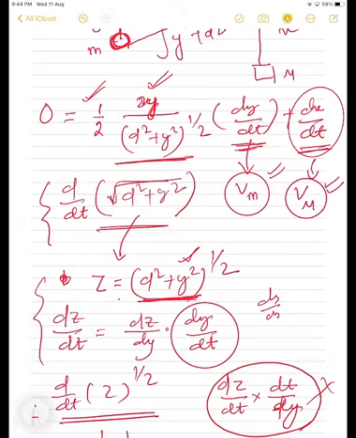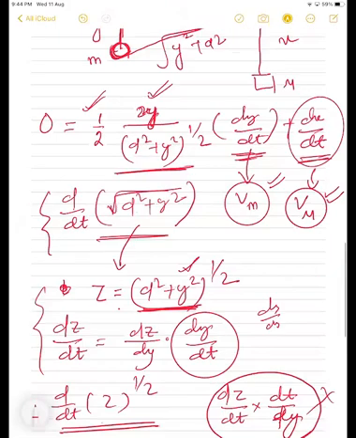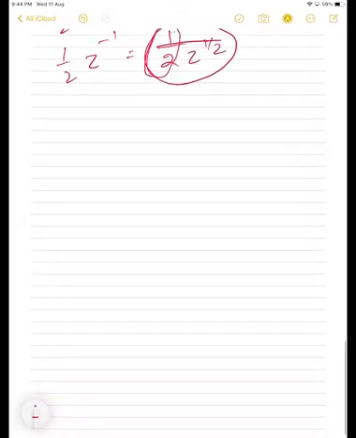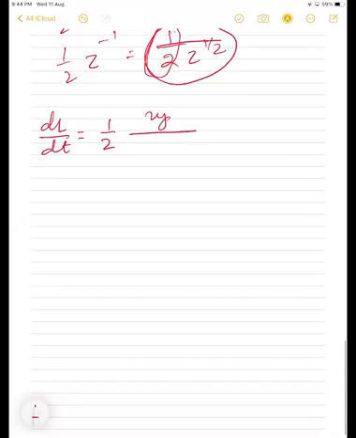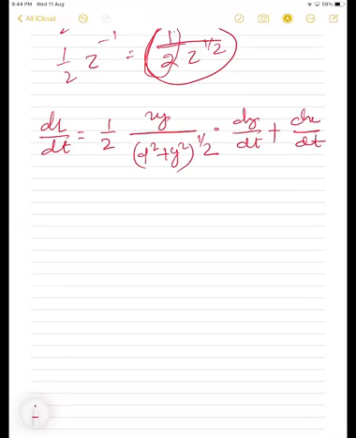So let's replace that one. I am writing that term again here, then I will solve. We got by differentiating: dl by dt is equal to half into 2y divided by (d square plus y square) to the power half, into dy by dt, plus dx by dt, right?